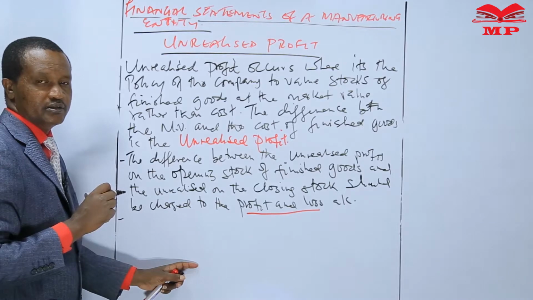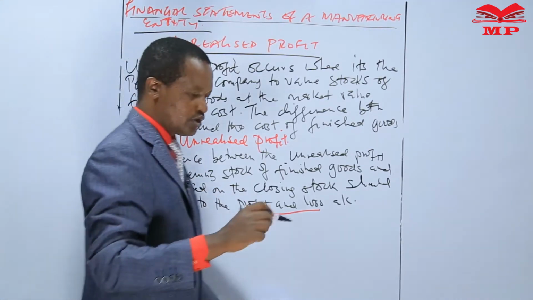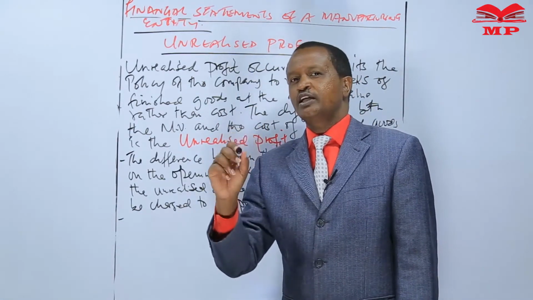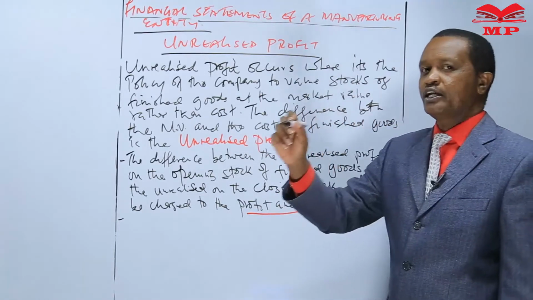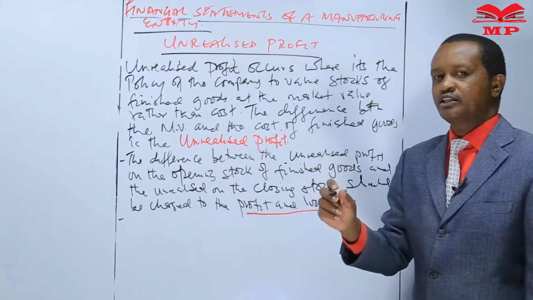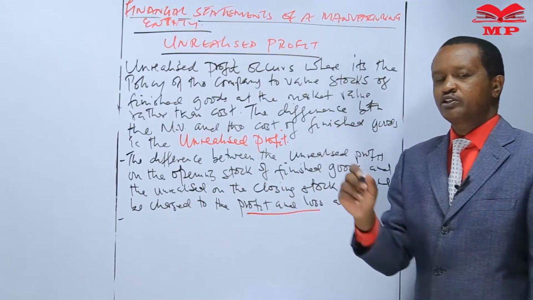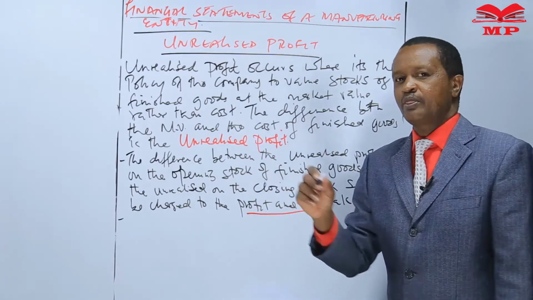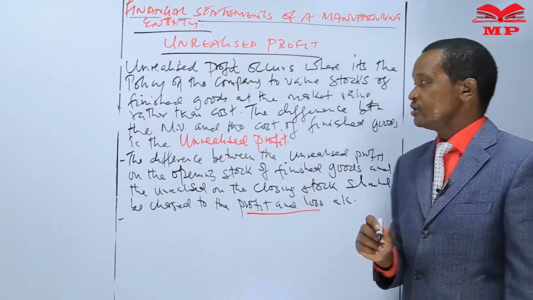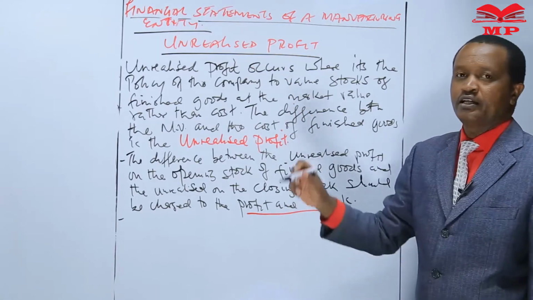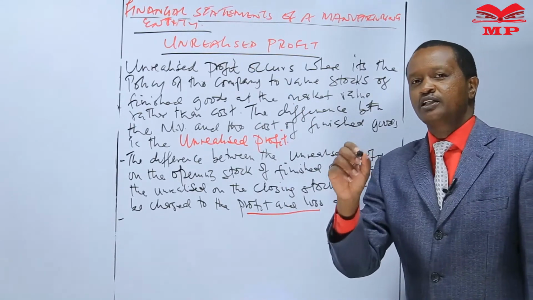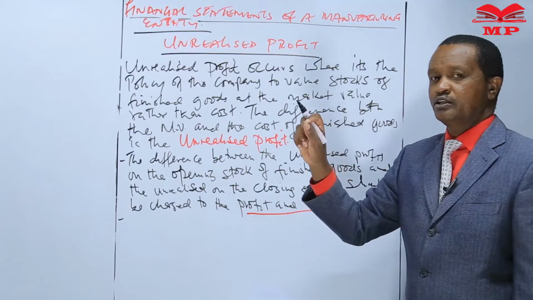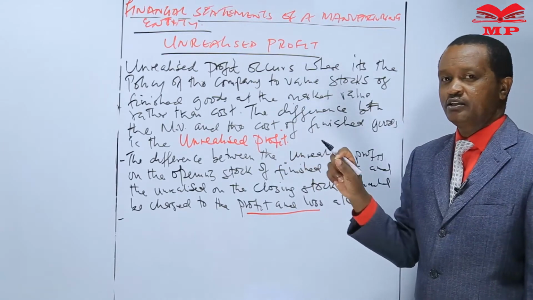I repeat, the provision of the unrealized profit on the closing stock at the end of the period should be deducted from the market value of finished goods in the balance sheet at the end of the accounting period. That's another treatment of unrealized profit in the financial statement, which is the balance sheet. So the unrealized profit affects both the income statement and the balance sheet.